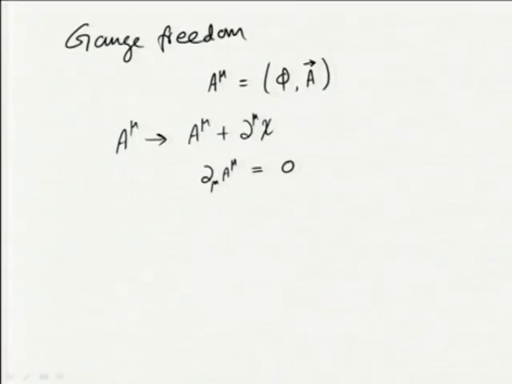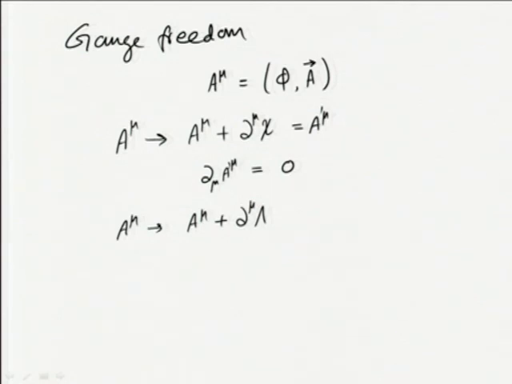Now, this is what we saw yesterday, and even after fixing this, we can still transform A mu to A mu plus dou mu lambda. Let me call this A mu prime to avoid any confusion.